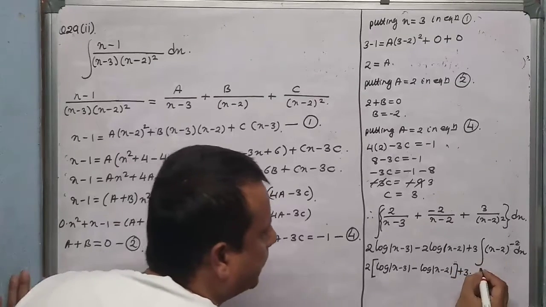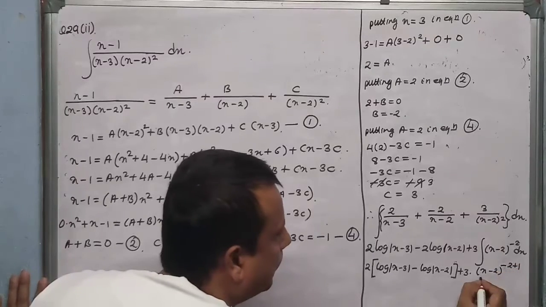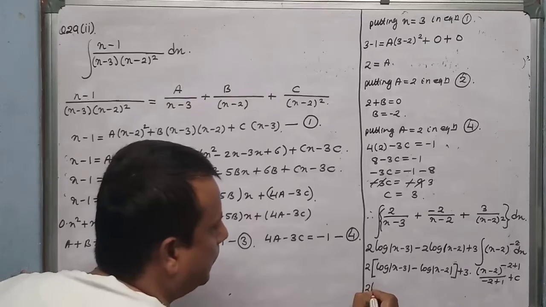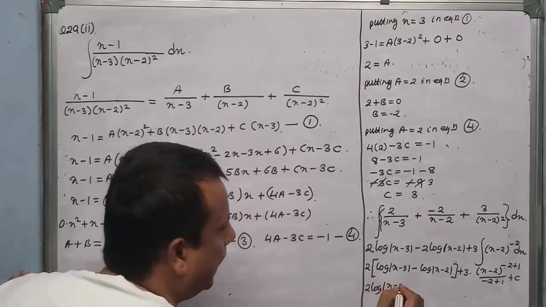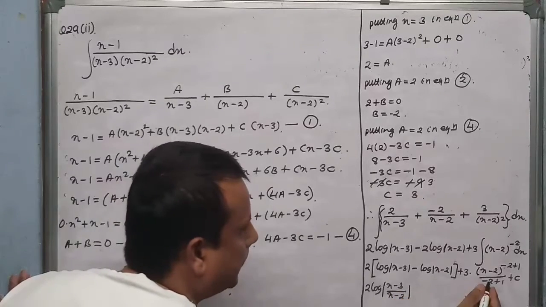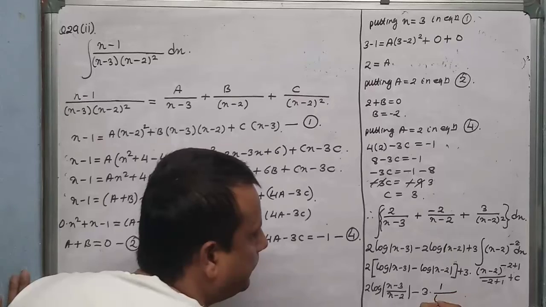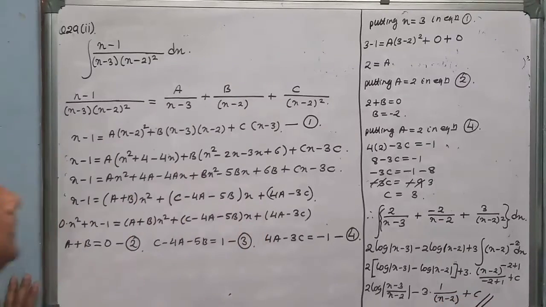Now the integration of this quantity is (x minus 2) to the power of minus 2 plus 1 over minus 2 plus 1. So 2 into log of (x minus 3) over (x minus 2). After simplification, this one will be minus 3 into 1 over x minus 2, plus c. This is the required answer.